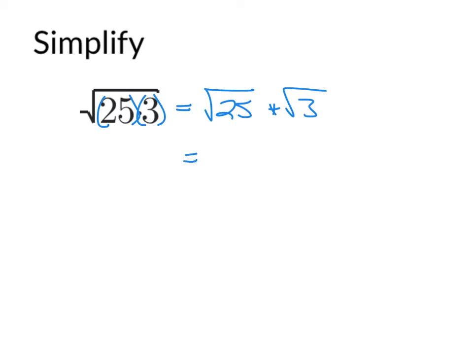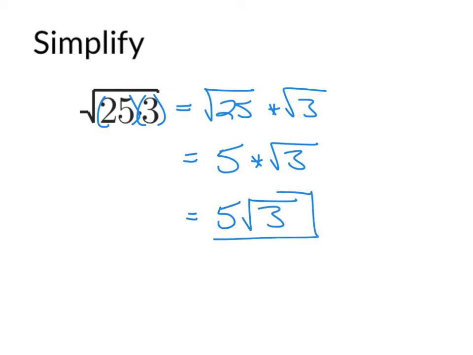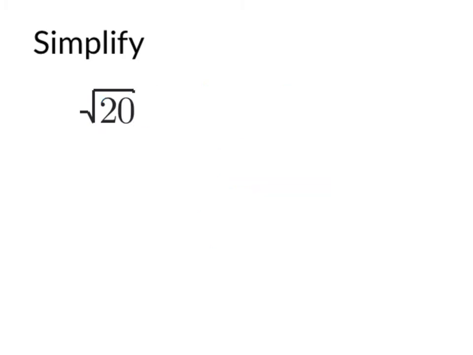Then the square root of 25 is 5, but the square root of 3 can't be simplified. 3 is a prime number, its only factors are 1 and 3, so this is as simple as it gets, and we would write it as 5 square root of 3 without putting that multiplication symbol in between.